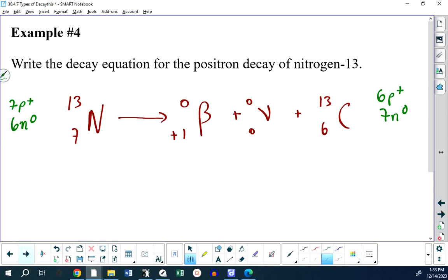So the net change is that we lost a proton, and it was replaced with, I'm going to write it this way, a positive electron plus a neutrino plus a neutron.